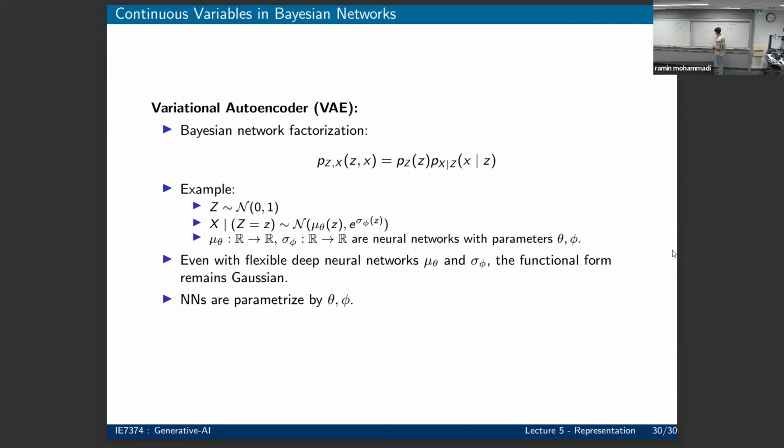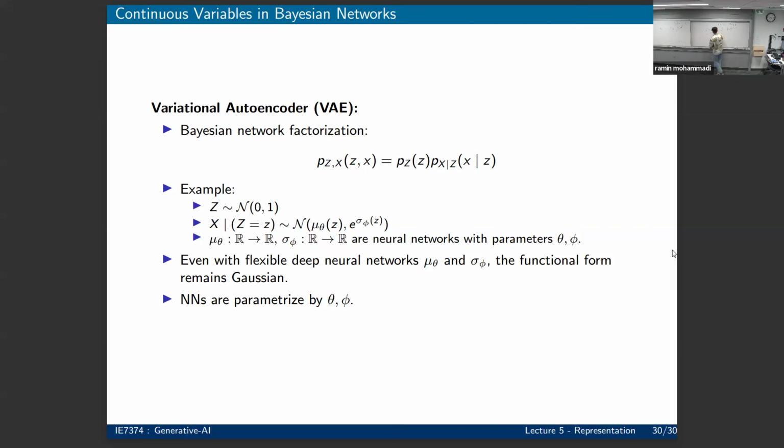You sample from mu and standard deviation, and you regenerate the image or the data, okay? That's the variational autoencoder. And the idea here is that the latent layer in between comes from a Gaussian with mean 0 and standard deviation of 1. You find that Z, and you pass that Z to this model.